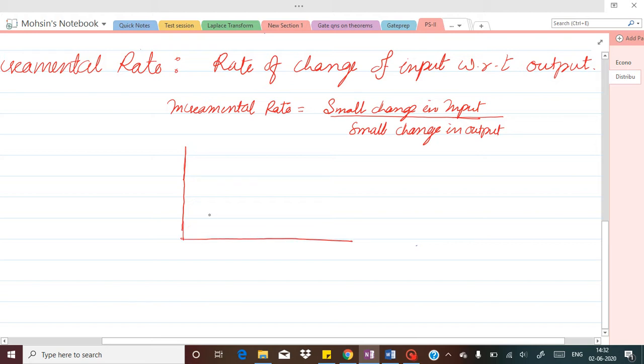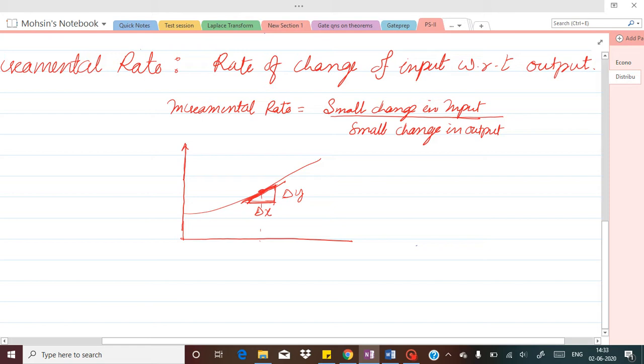Corresponding to a particular point on this curve, if I try to obtain the change in the input and the change in the output, I need to obtain a linearized line by drawing the tangent here. The slope of that tangent will be the change in input, delta y, over the change in output, delta x. I'll just write it for this example.